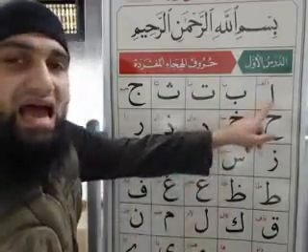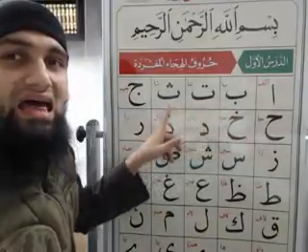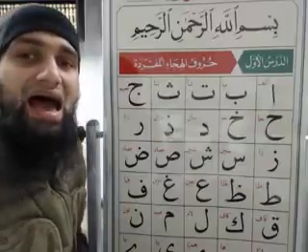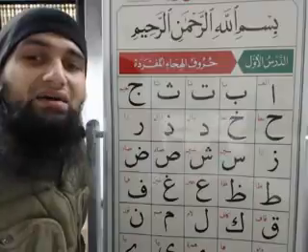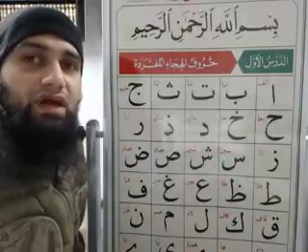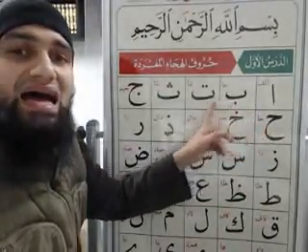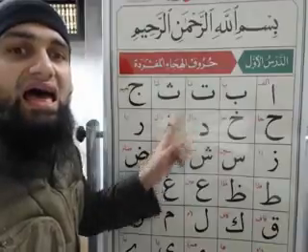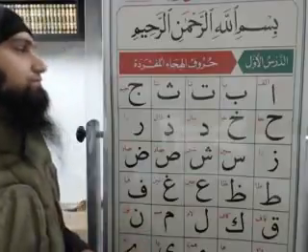Alif, ba, ta, fa, alif, ba, ta, fa. Okay? Alif, ba, ta, fa. Very good. So we got 4 letters down.